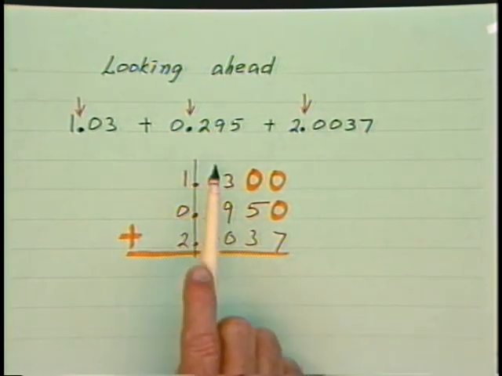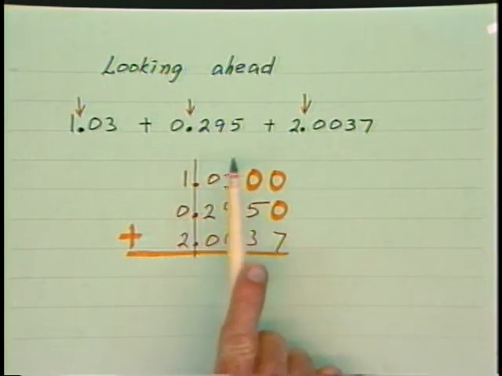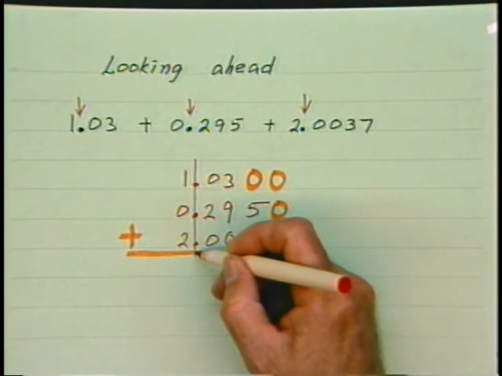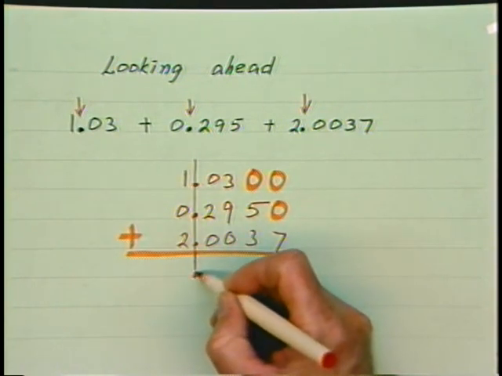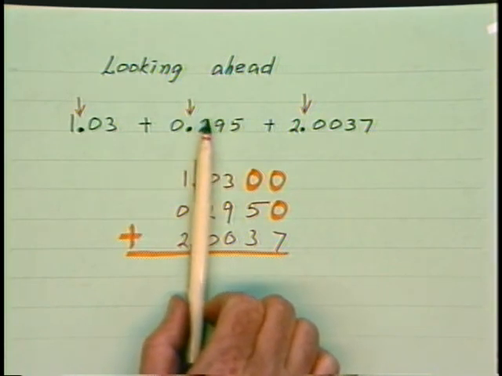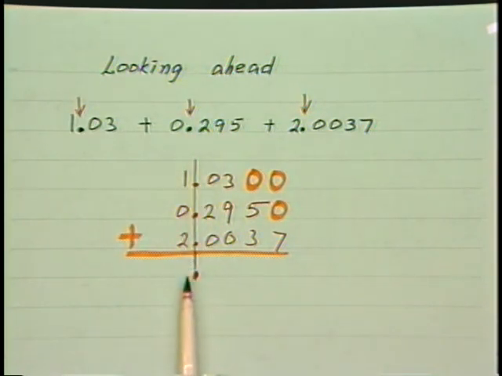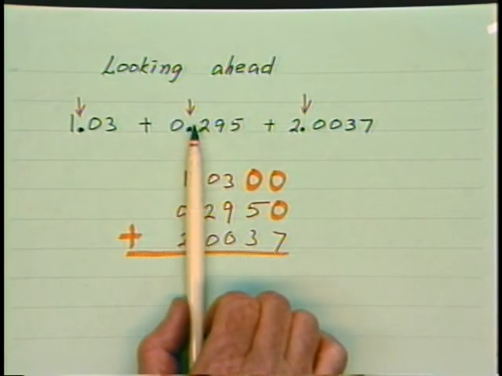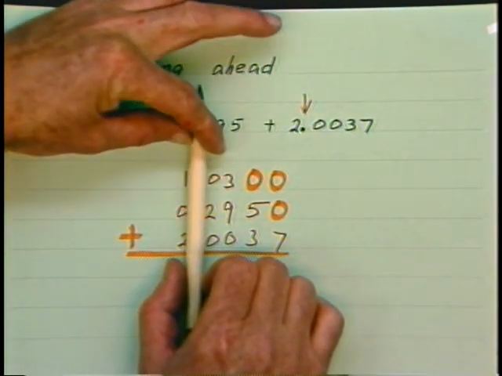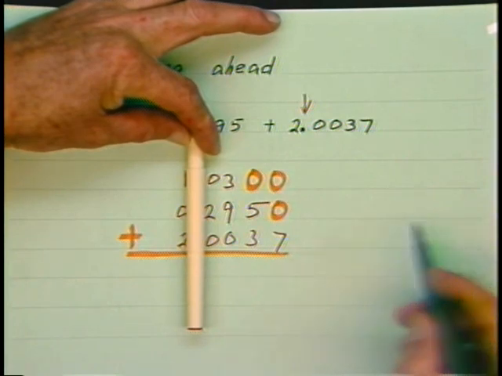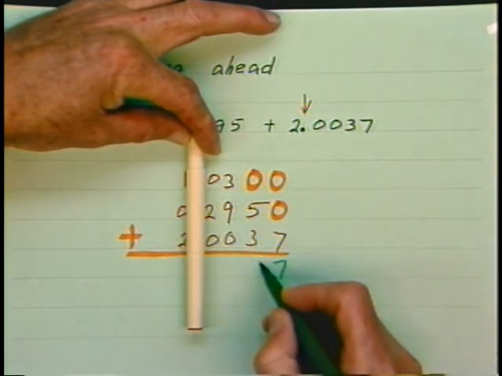Because once we have lined up all the like place values, then the rule you're going to have in another lesson or so is simply pretend like the decimal point isn't there. Of course, we're really keeping them all in a line, including the decimal point of the answer. But we keep it there, and then we just add as though this was not a fraction problem, but really a whole number problem.